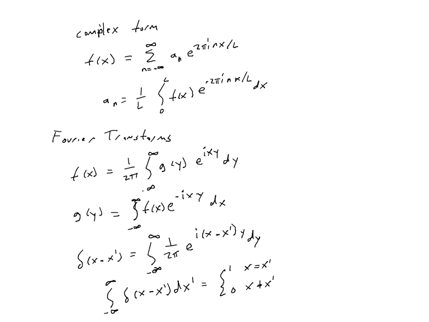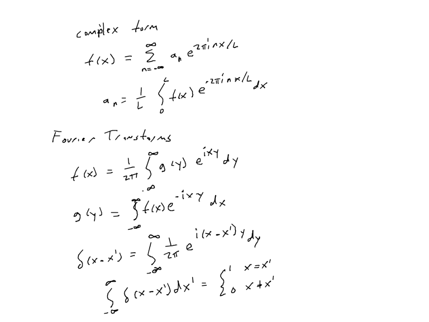So the basic idea here is that you can transform from a function of x to a function of y, and these two functions are effectively equivalent to each other. And the only challenge in doing this is being able to solve the integral, which is why we spend a week on integration and all this other stuff on integration.